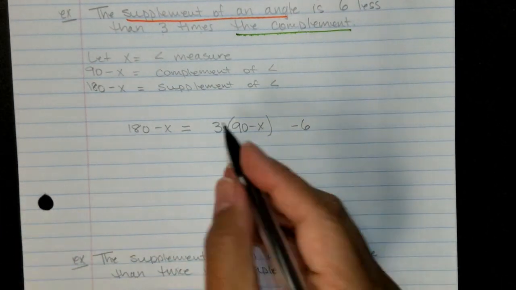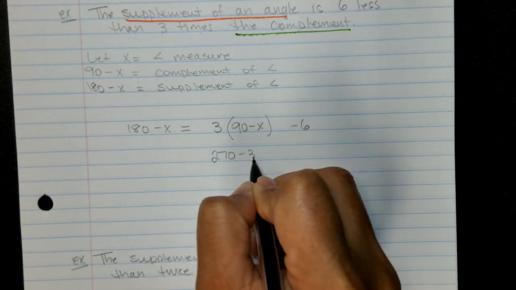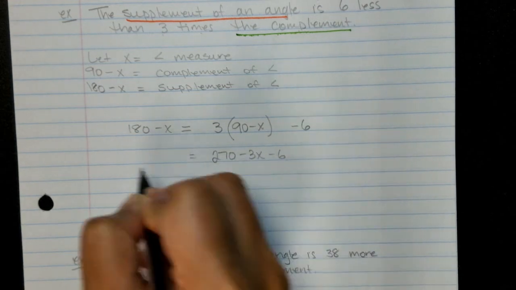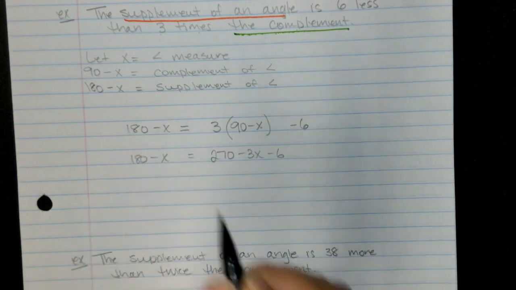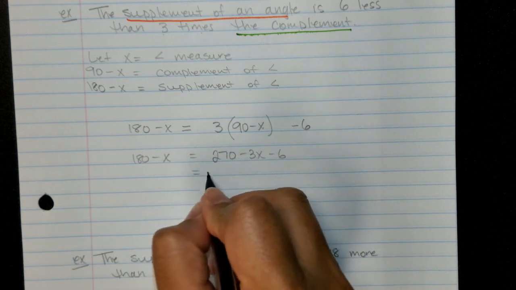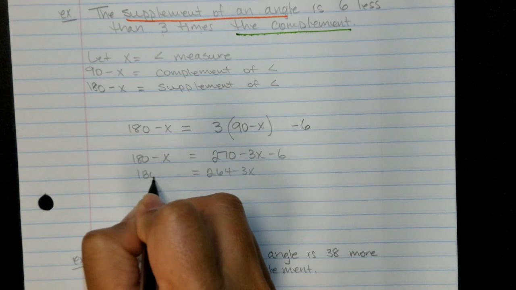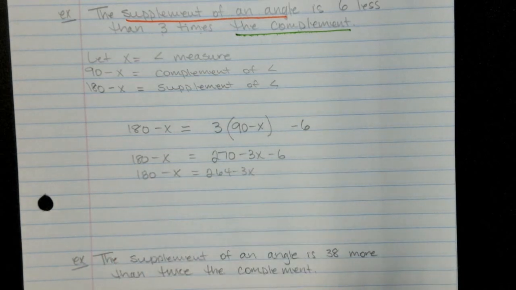From here, distribute your 3. So we get 270 minus 3x minus 6, and then bring down your 180 minus x. Combine like terms, 270 minus 6, we get 264. Bring down the left-hand side.